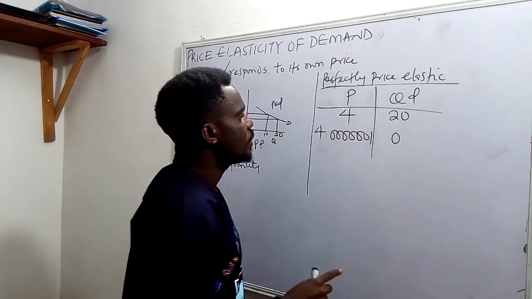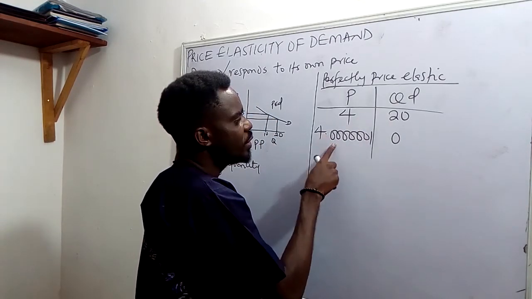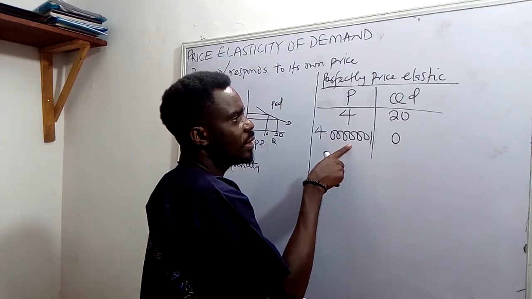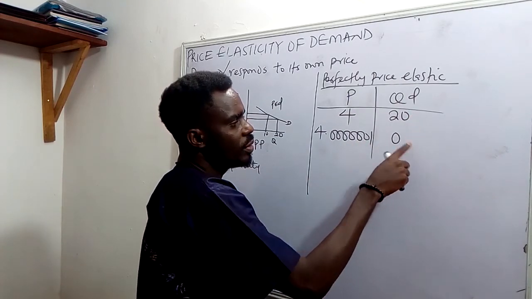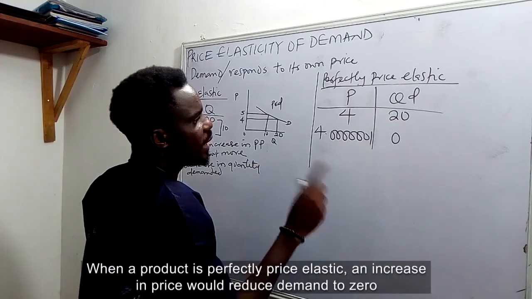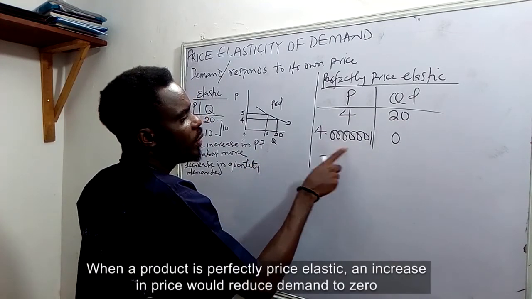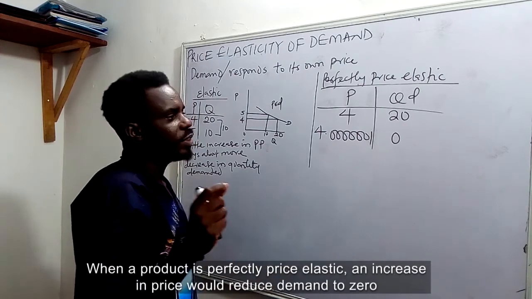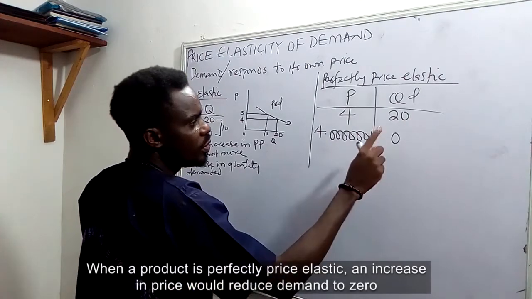By increasing price from 4 to 4.00000001, demand will crash to 0. This is an indication that when a product is perfectly price elastic, any attempt to increase price, even if it is not significant, demand will drop to 0.